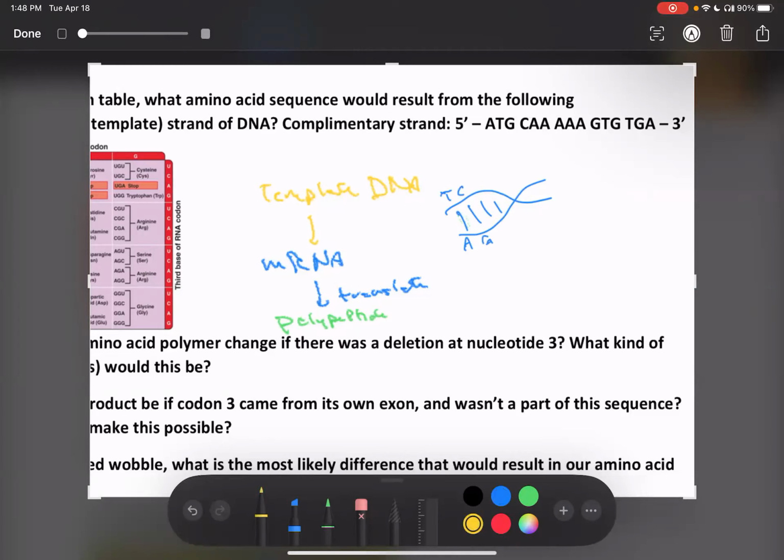If this is the template strand, then we know that the complementary strand is going to be opposite, complementary to our template strand. So if we want to end up making an amino acid sequence, we need to start with the template strand. And so we need to convert this complementary strand and find the complement of it so that we can have our template strand of DNA.